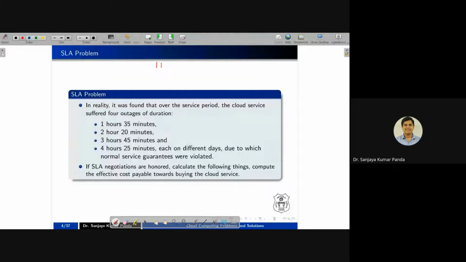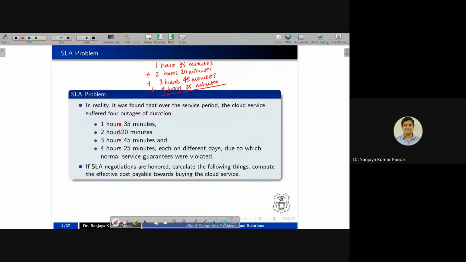I'll add 1 hour 35 minutes, plus another outage of 2 hours 20 minutes, another outage of 3 hours 45 minutes, and another outage of 4 hours 25 minutes.